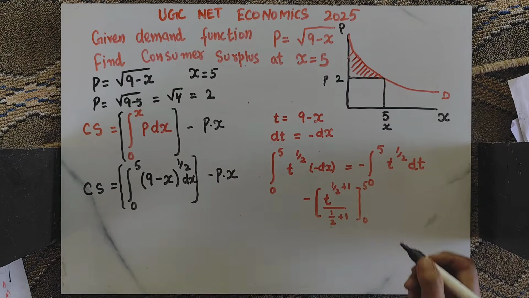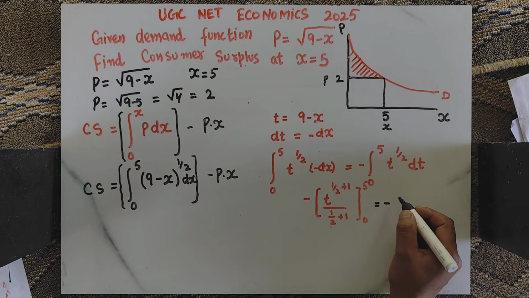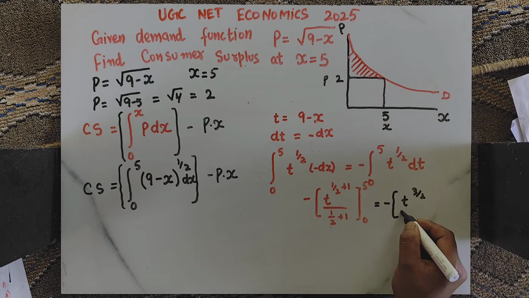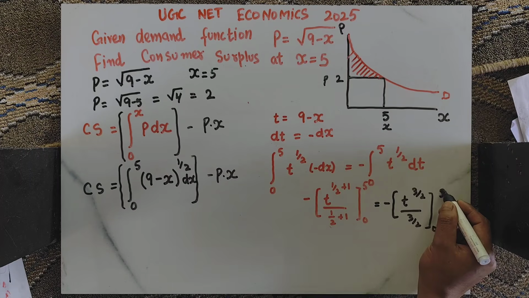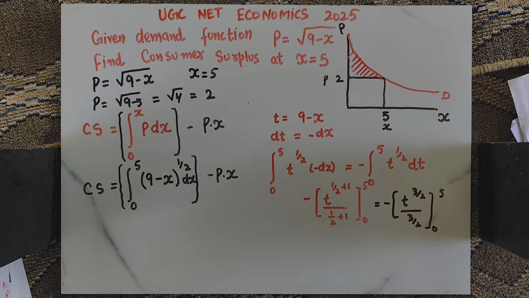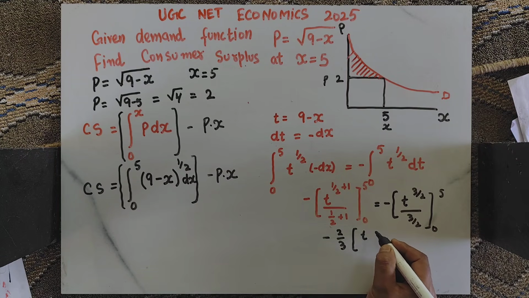Rewriting it, we write minus t raised to the power 3 upon 2 divided by 3 upon 2, evaluated from 0 to 5. If we further solve it, 3 upon 2 will become 2 upon 3, and taking it common, we get minus 2 upon 3 times t raised to the power 3 upon 2, evaluated from 0 to 5.